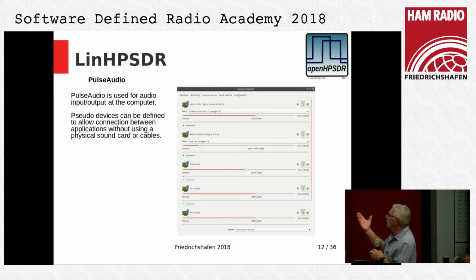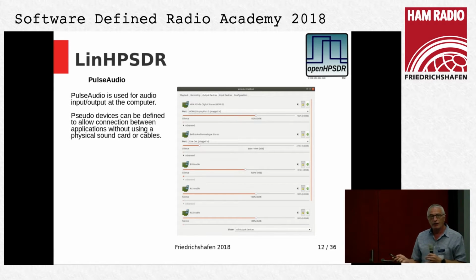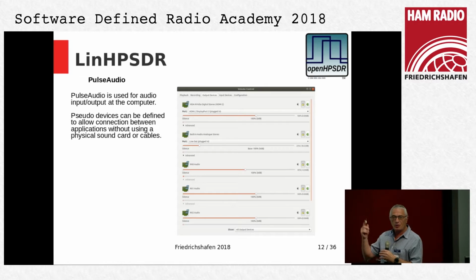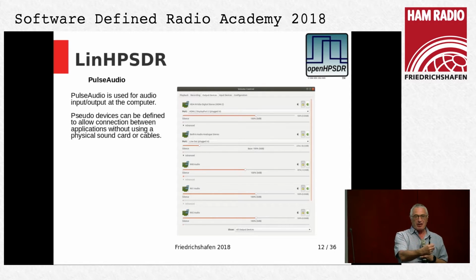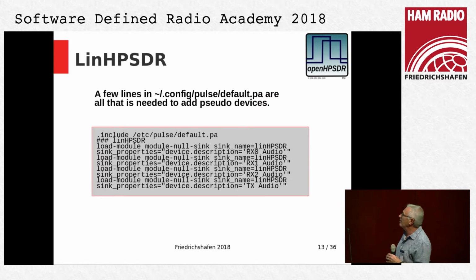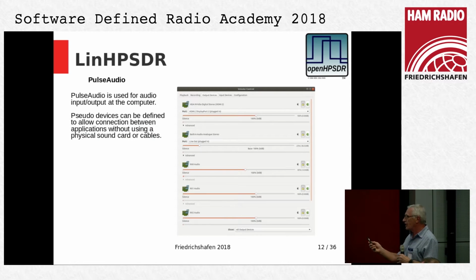So in this example here, I've actually defined 3 receiver audio channels, RX0 audio, RX1 audio, and RX2 audio. And then I can connect a receiver to one of these outputs and some other application to it to receive that data. It's all very simple, he says. And basically, there's just a few lines in a configuration file that will set that up.